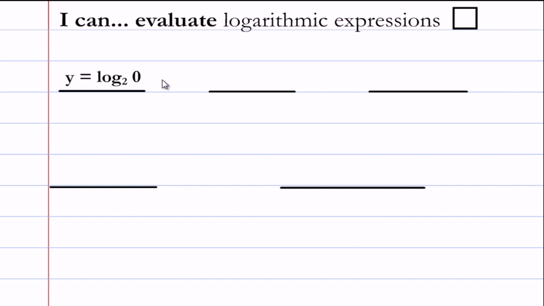If we try to evaluate log base 2 at 0, this is impossible. Remember, the log of any base evaluated at 0 is impossible. Same with this. So if it's a log base e evaluated at 0, it's also impossible.